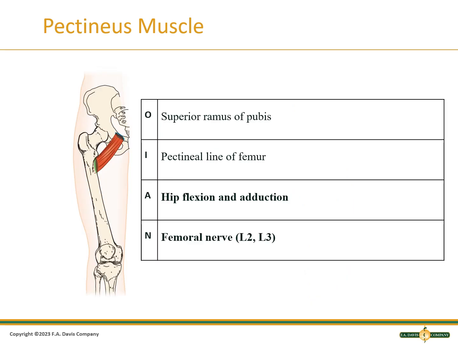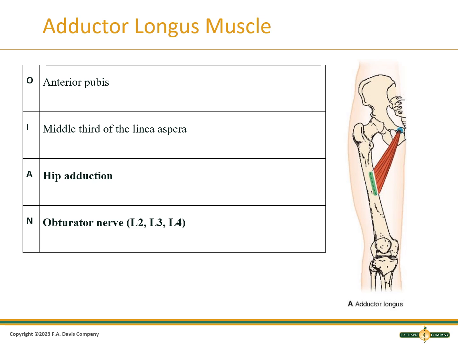Pectineus is a small muscle of the hip. I need you to know that it contributes to hip flexion and adduction, which hopefully you can deduce from that superior medial line of pull, and it is innervated by the femoral nerve. Adductor longus is one of our adductor muscles. That means it's going to be innervated by our obturator nerve.